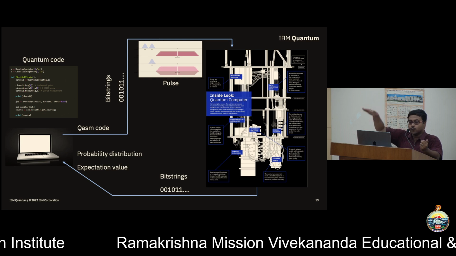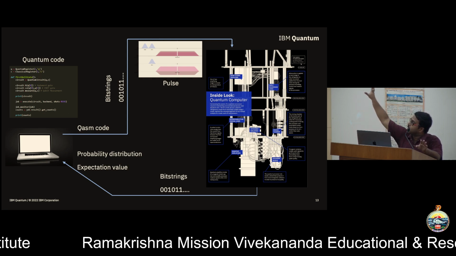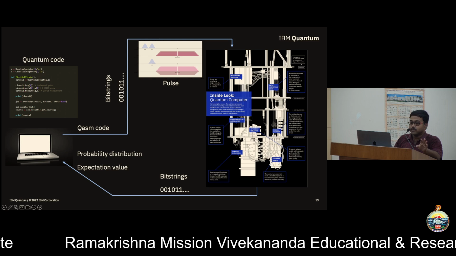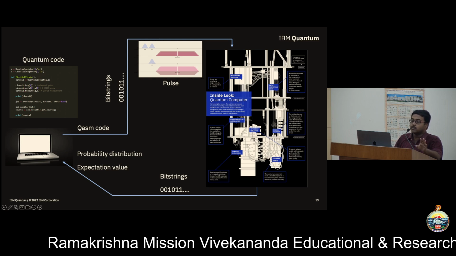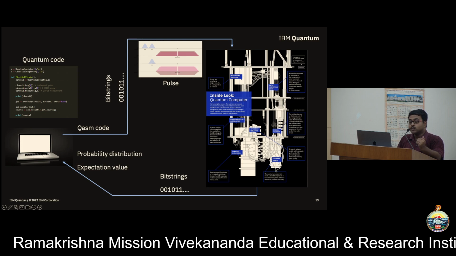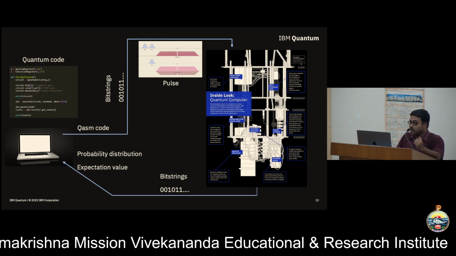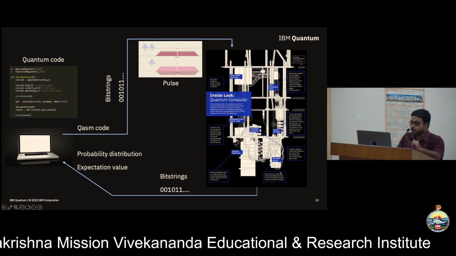So you want to cool them down. And that's exactly what this entire thing does. It cools them down to around 14 millikelvin or even less, which is colder than outer space. That's what is done in a quantum system here.